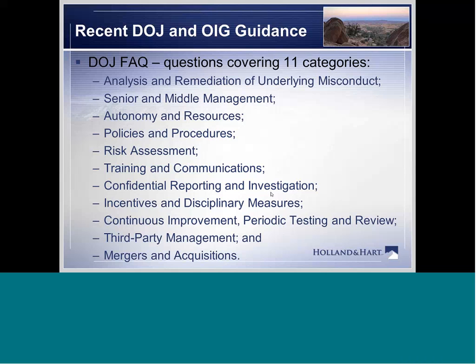But they don't necessarily give you answers, since they're FAQs, so they give you questions. But the thought would be, if your organization has run through all of those questions, or at least the questions that apply to your organization, that should put you in a very good position if an investigator comes through and asks those same questions, that you've got an answer, that you've thought about those topics for your organization.